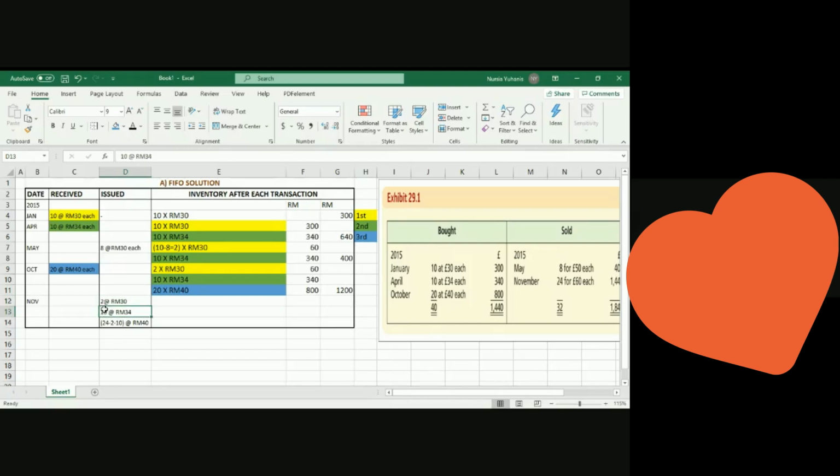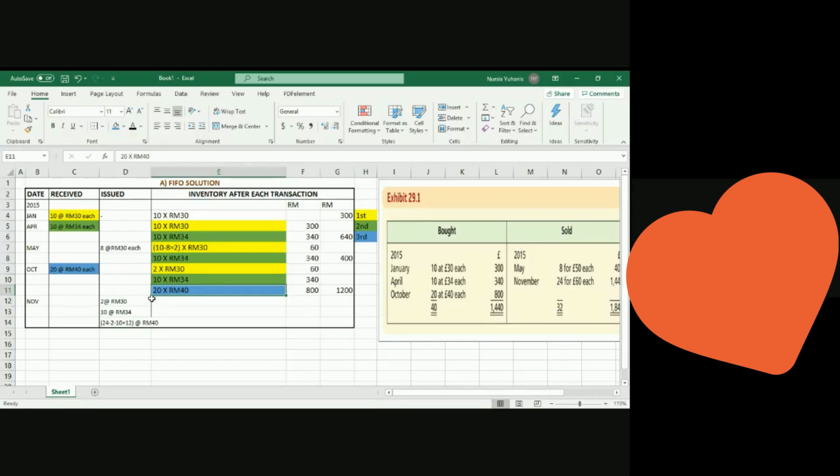You still have a balance of 24 minus 12, so you sell all of the second batch. Now it leaves you with how much? 24 minus 2 minus 10, 12. Let me put 12 here so that you can see. Another 12 you take from the latest one, which is the blue one, the third stock.